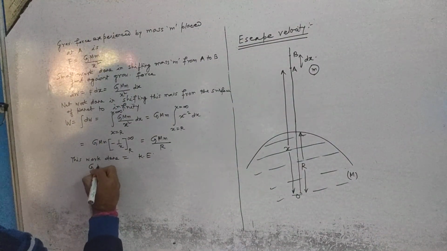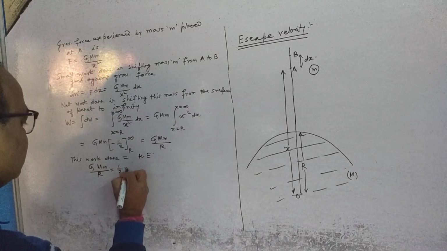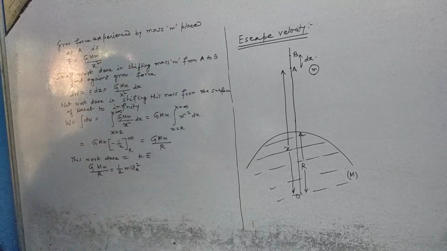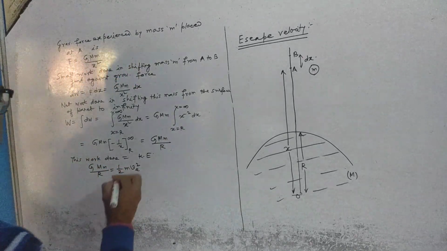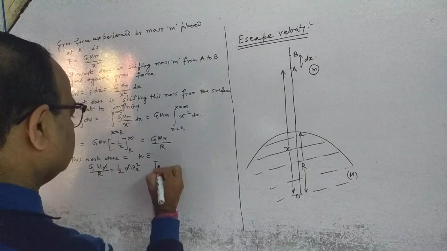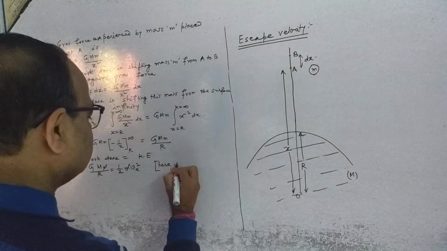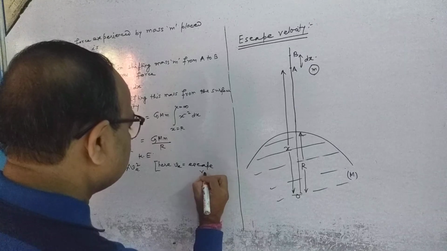G into capital M into small m by capital R is equal to half m v square. v is the escape velocity, है ना? यहां से मैं इसको कर देता हूं, यहां लिखता हूं, here vE is equal to escape velocity.